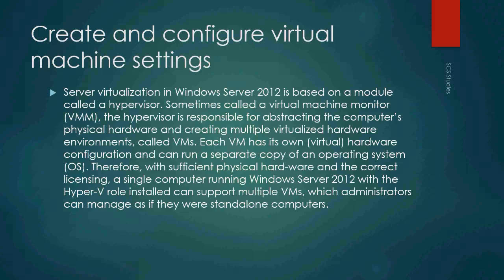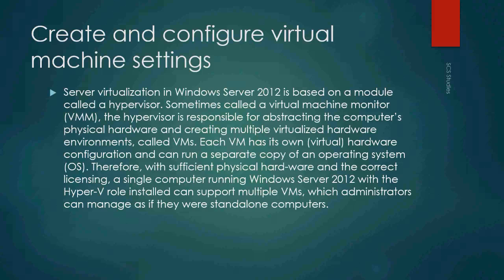Each VM has its own virtual hardware configuration and can run a separate copy of an operating system. That means if you have a host system with Windows Server 2012 and you have installed a guest machine with Windows XP or Windows Server 2003 or 2008, it is possible and it can run with a different OS, different virtual hardware and everything.